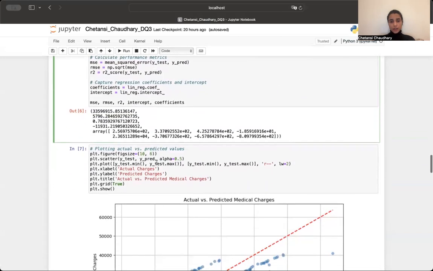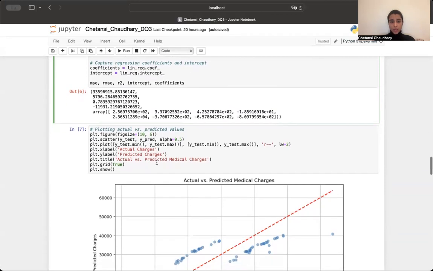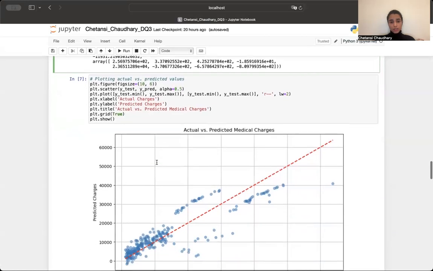Okay, here I have also created one more visualization, that is actual versus predicted medical charges, which shows whether the predicted charges are near the actual charges or deviating completely from them.